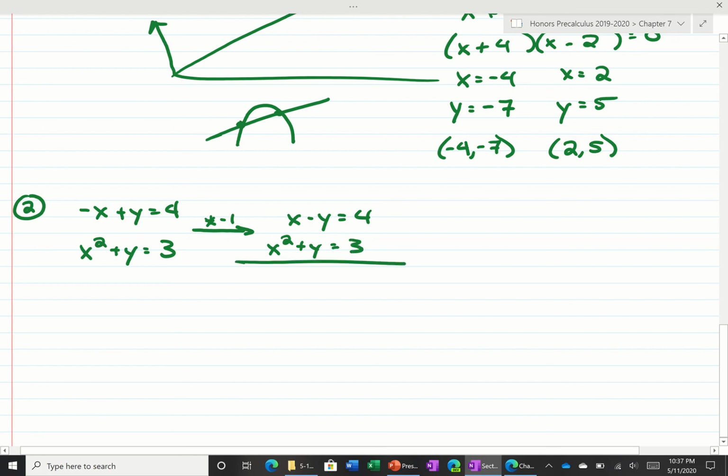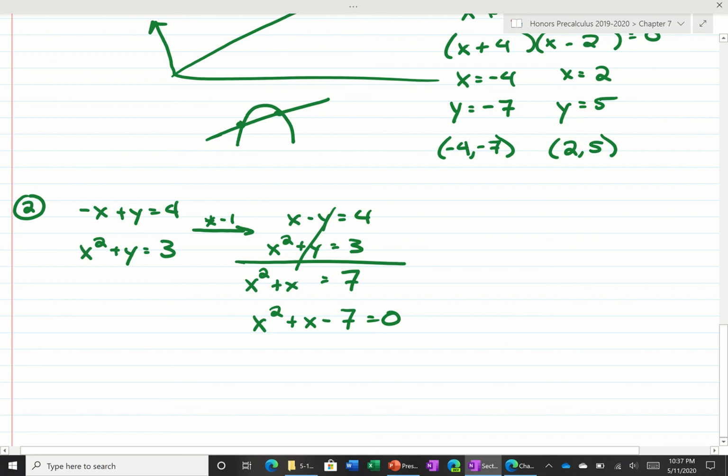Remember, when we are doing elimination, we always add. So we're going to add here x squared plus x. You can't combine them, so it's just x squared plus x. Negative y plus y cancels. 4 plus 3 is 7. So we get x squared plus x minus 7 is equal to 0.